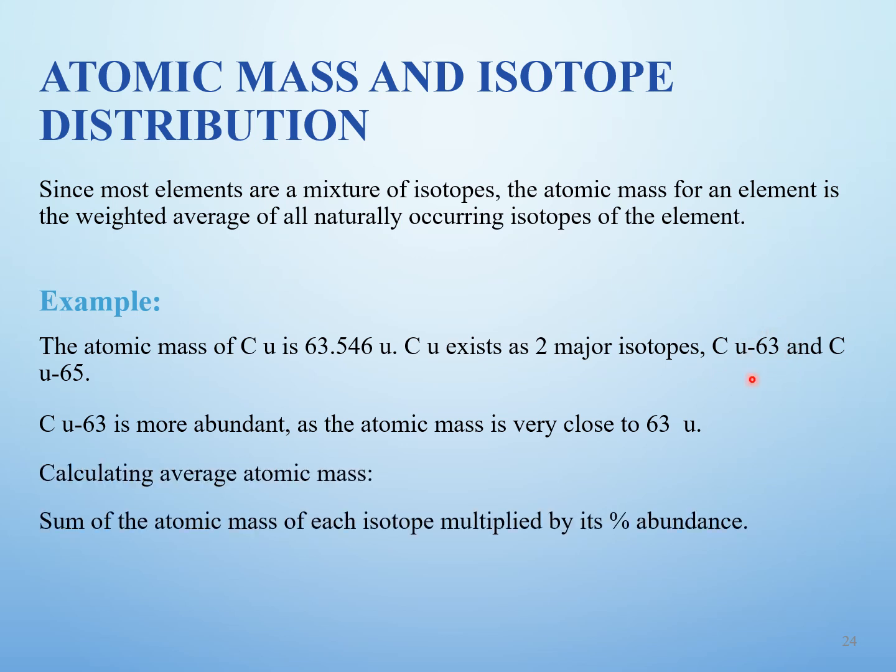And then we have the other isotope, which is copper-65. It's a smaller amount. So to calculate the average atomic mass, we want to multiply the AMU of each isotope by its percentage abundance. And the percentage abundance, if you write it as a fraction, is basically a number smaller than 1. You take the percent abundance divided by 100.